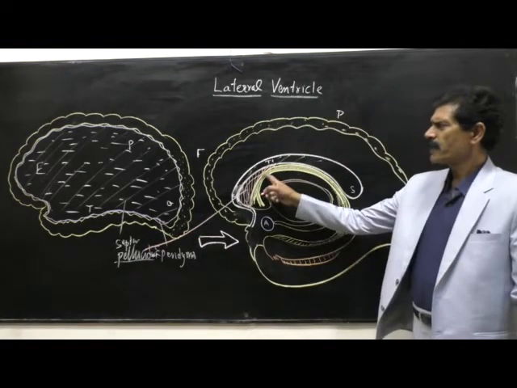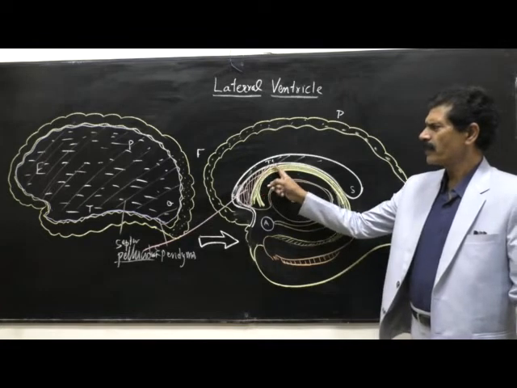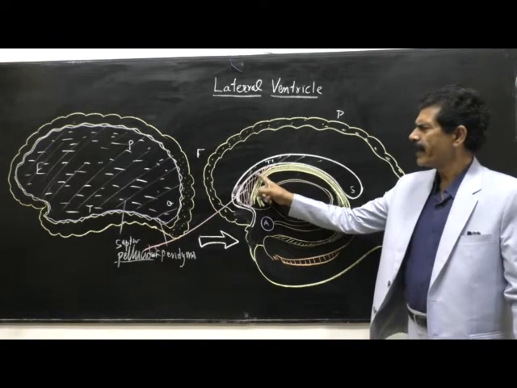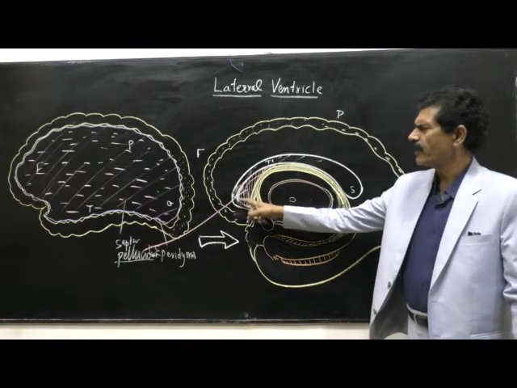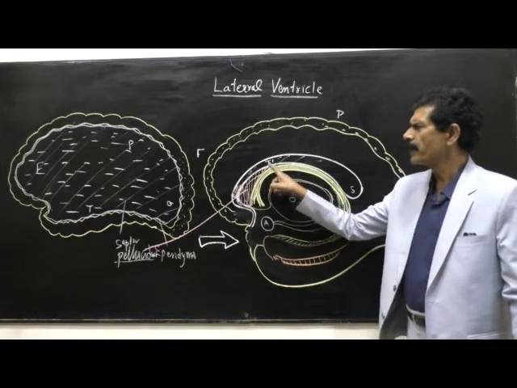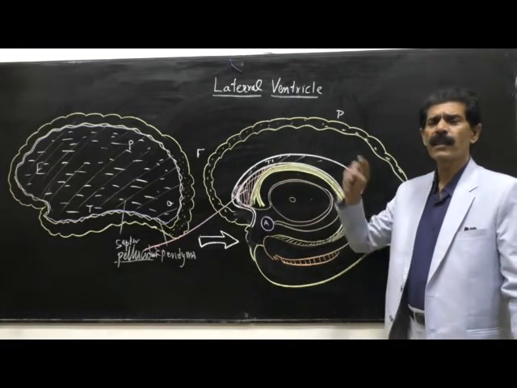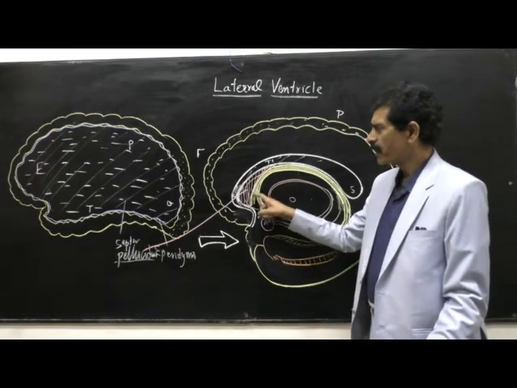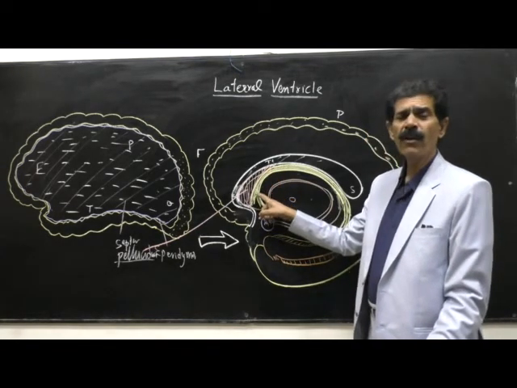So if you want to know the septum pellucidum attachment, superiorly and anteriorly it is attached to the rostrum, genu and the anterior part of the trunk of the corpus callosum. And inferiorly it is attached to the column of the fornix.